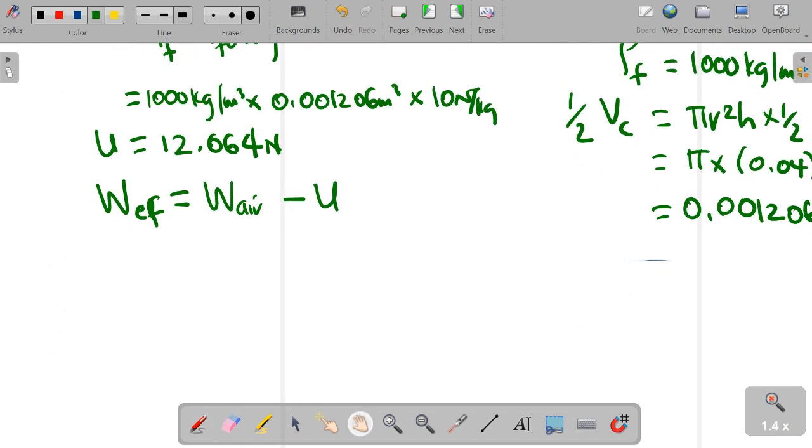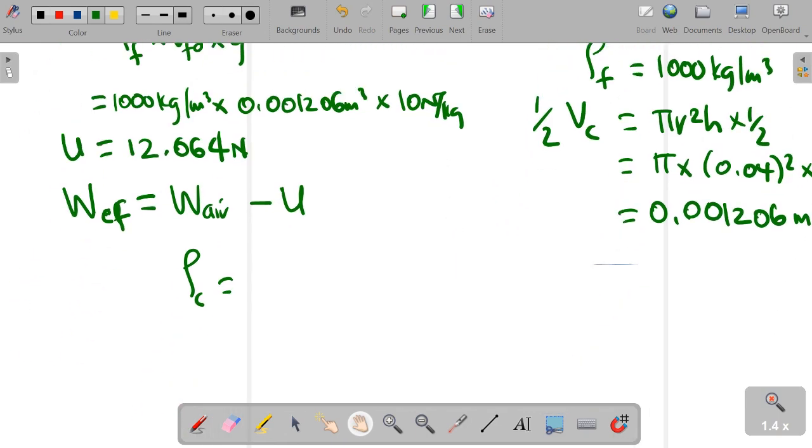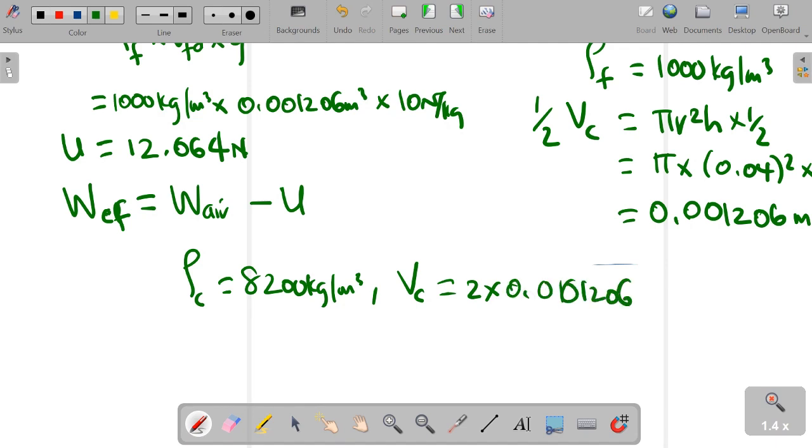So we know that the density of the cylinder is 8,200. And we know that the volume of the cylinder is equal to 2 times 0.001206.